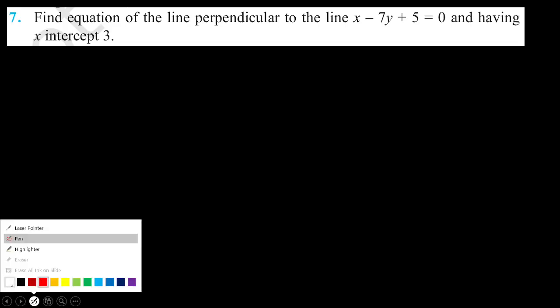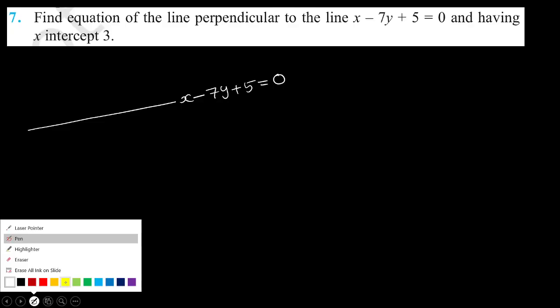Find the equation of the line perpendicular to the line. If you don't understand the question, actually some questions, not only in maths, in physics also, if you read the question you cannot understand, so you cannot start. So if you don't understand the question, draw a rough diagram.